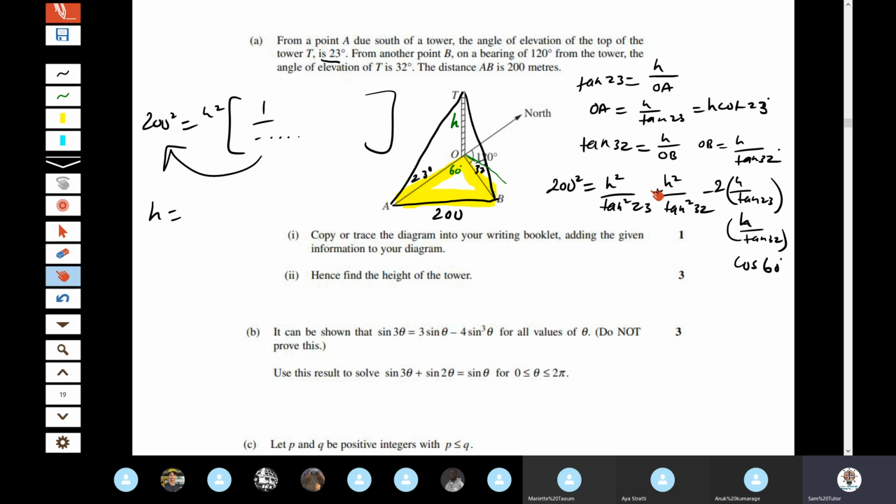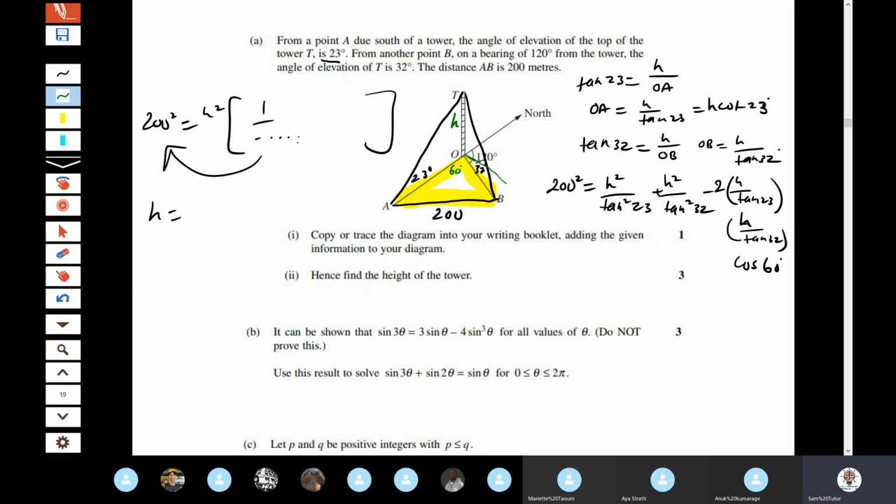Then plus 1 on tan 32 squared, minus 2 times 1 on tan 23, times 1 on tan 32, times cos 60. I got 4.3.